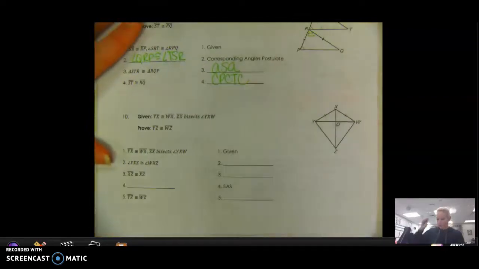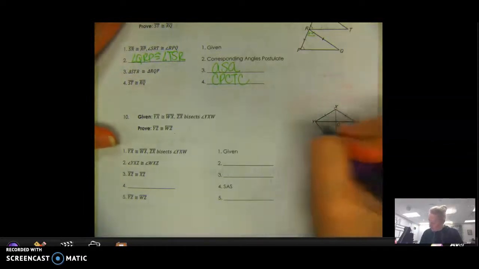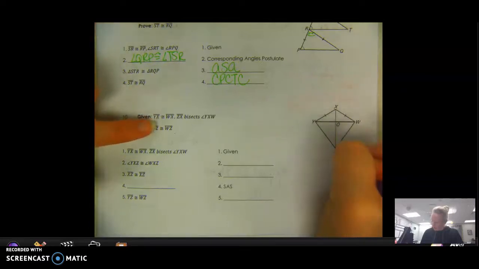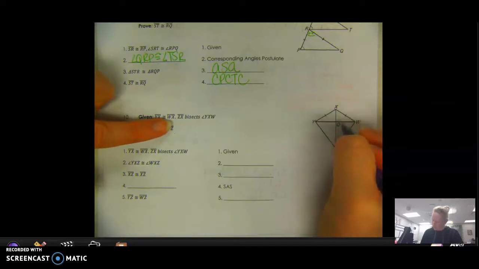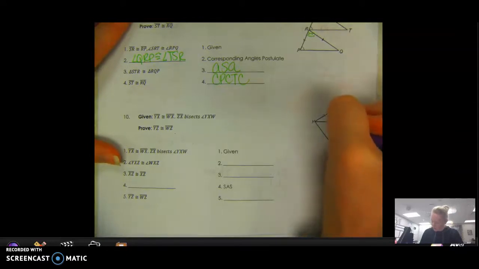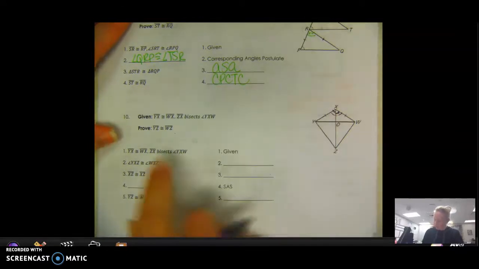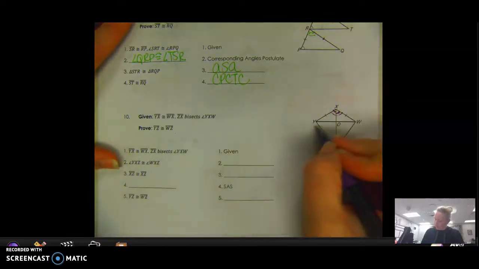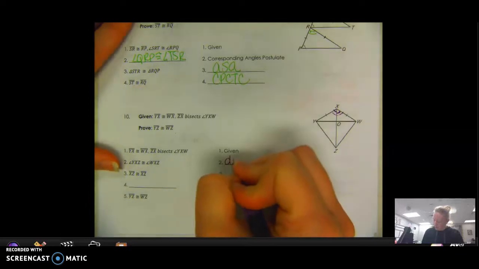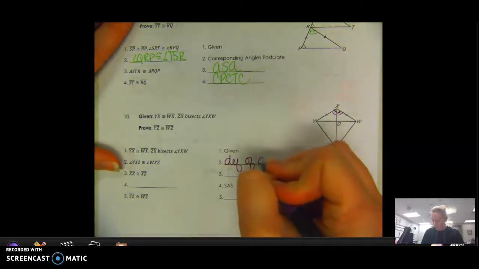All right, one more, guys. Last, ZX is congruent to WX, so those two things are congruent. ZX bisects this angle right here. So if it bisects, it cuts it in half, so this piece is congruent to that piece. So that's all given. Angle YXZ is congruent to angle WXZ. That would be the definition of angle bisector.